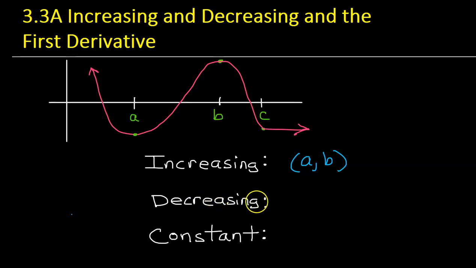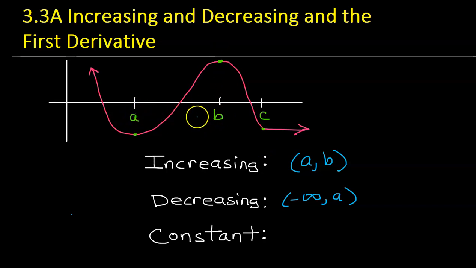So how about decreasing? The function is falling from here to here, starting at negative infinity. Now, I purposefully drew a graph that starts off up in the sky to make it clear to you that when we say negative infinity to A, we are talking about x values. We're looking at the x-axis. So when I said from A to B, notice that these are x values.